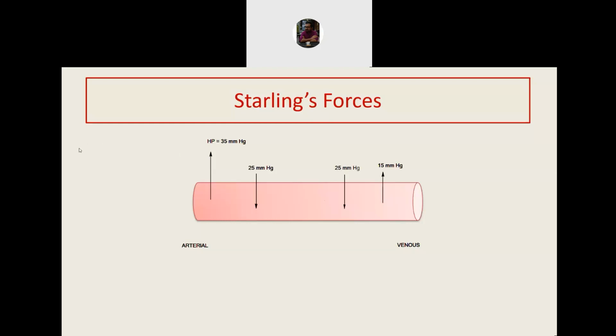So we can see that the net pressure gradient at the arterial end is 35 minus 25, that's around 10 millimeter of mercury. Similarly, we can see that the net gradient on the venous end is 25 minus 15, that is again 10 millimeter of mercury.